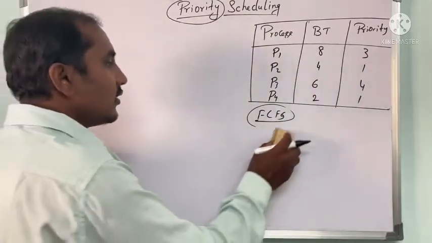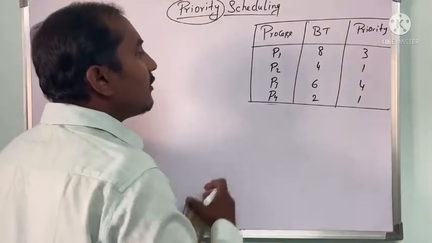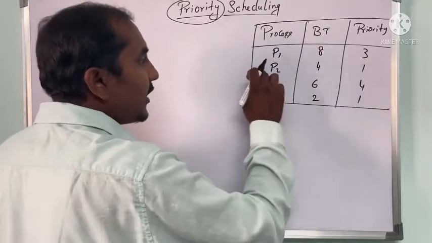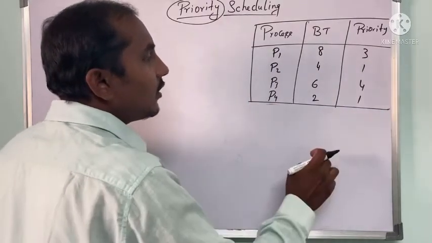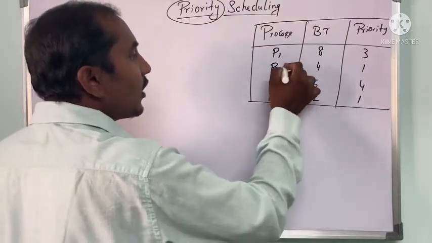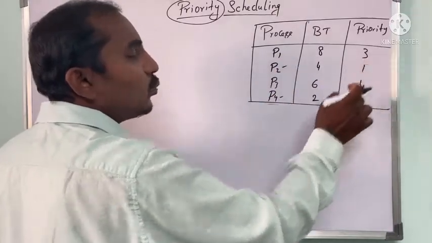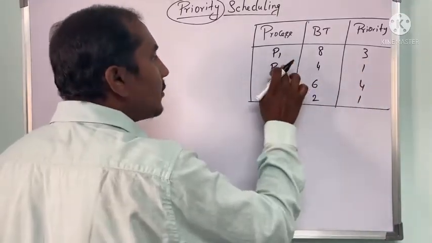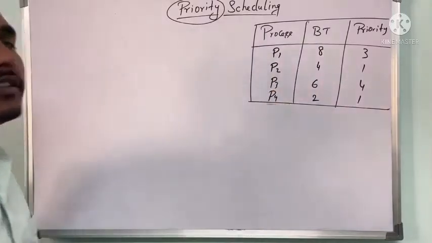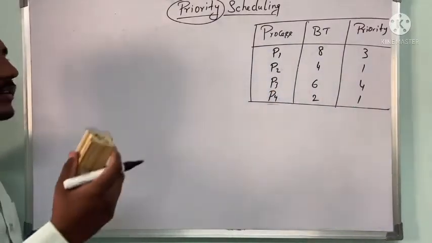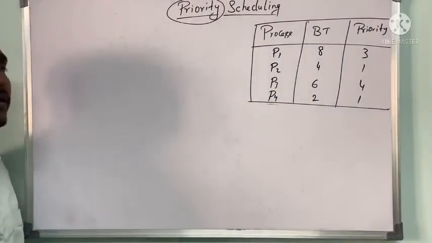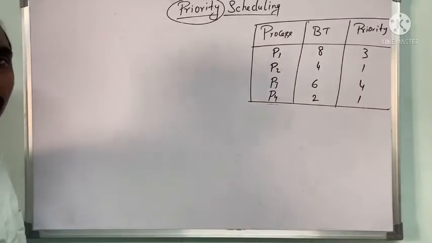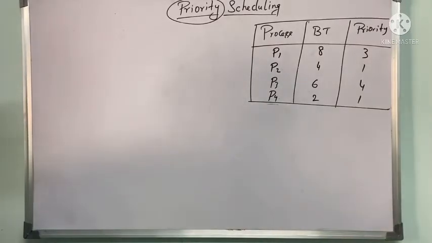According to this, P1 is also having the priority 1, P2 is also having the priority 1, so both P4 and P2 have priority 1. In that case, we are going to consider P2 first and later P4, according to the time of arrival or according to the order given in the table. So that is about priority scheduling.